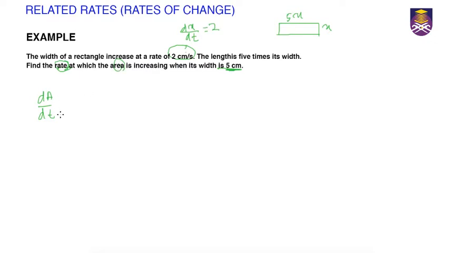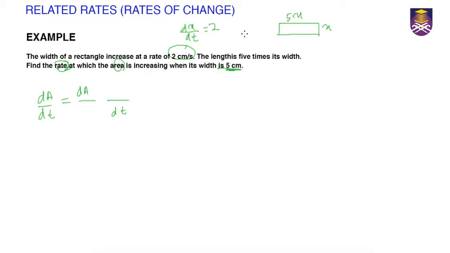Actually we can use two methods: the first one is the chain rule and the second one is by using implicit differentiation. First, I will show you how to use the chain rule. To find dA over dt, I just draw a line. We know the first is dA over dt, so we want to find what we need to cancel here.